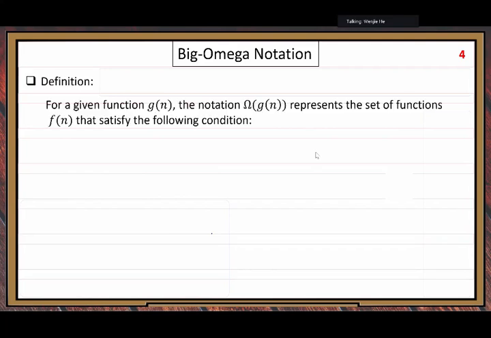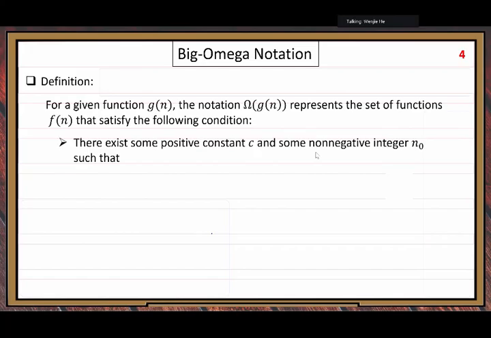The same statement, but with big omega, and our condition is a lower bound. The f function is greater or equal to a constant c multiple of the g function when n is sufficiently large. Similar wording, but a lower bound version.